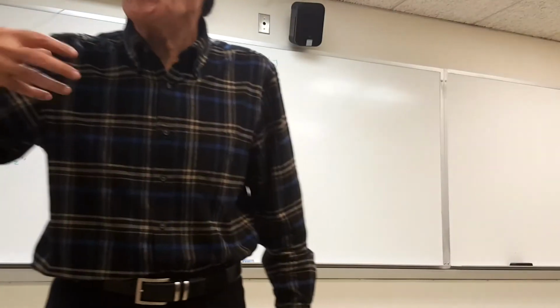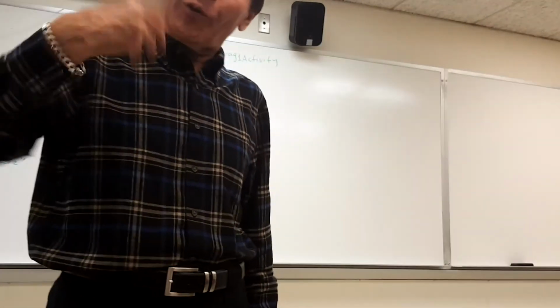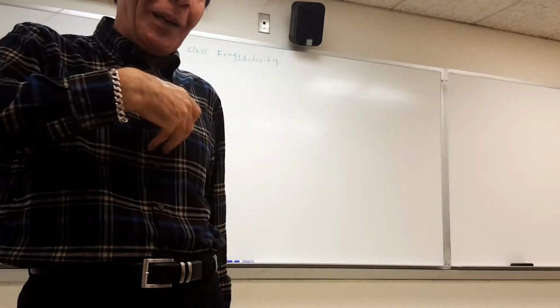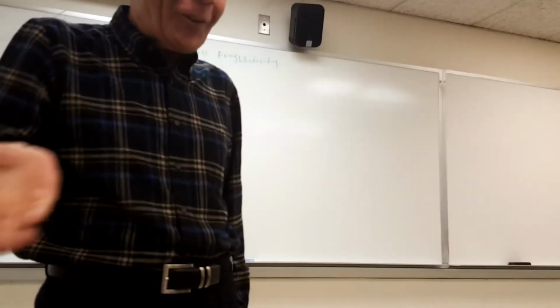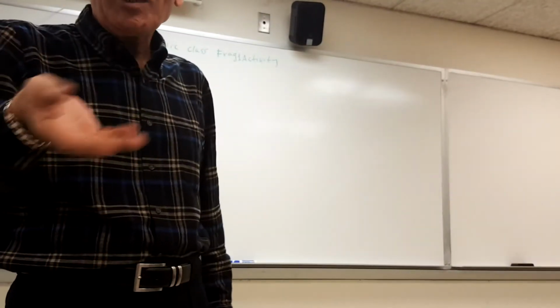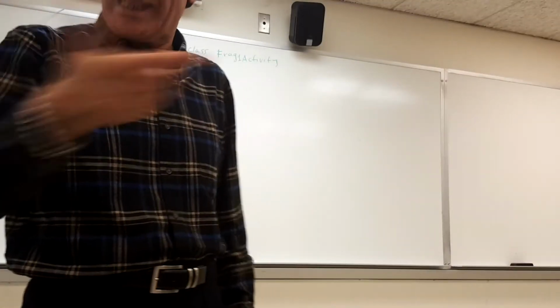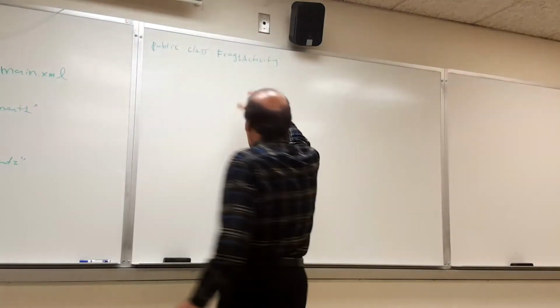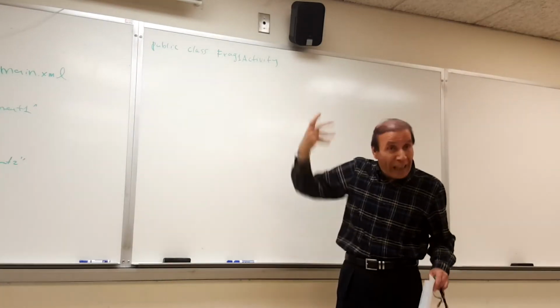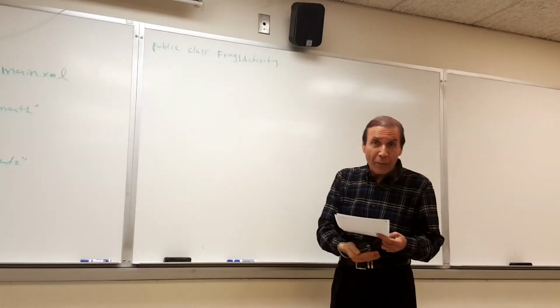So how do I know in advance what name to put on my fragment? I don't know. That's why we normally call it fragment 1, fragment 2, or frag 1, frag 2. Understand what I'm talking about?